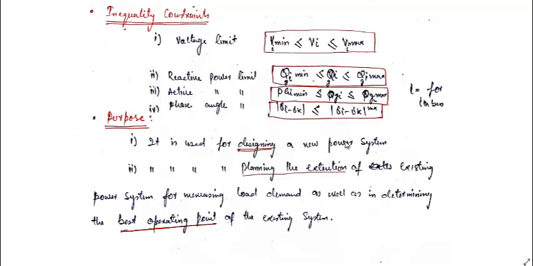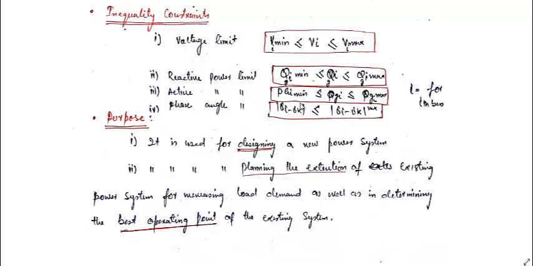There is also a limit for minimum reactive power generation, because we cannot make the excitation of the synchronous machine equal to 0. Same is the case with active power. If we take active power to 0, we may have to stop the machine, which is very difficult to do. So we can have some minimum generation and a maximum as well, depending upon the rating of the machine.